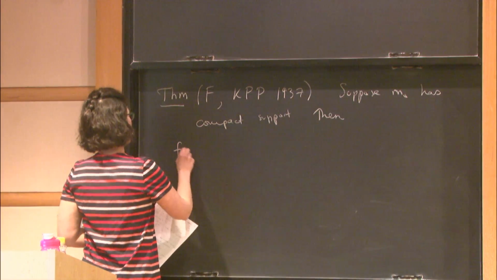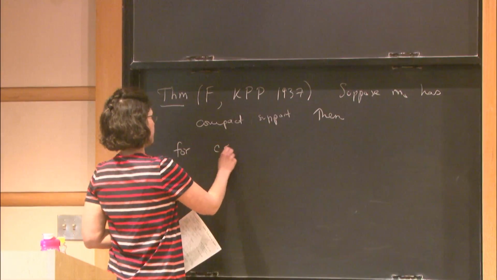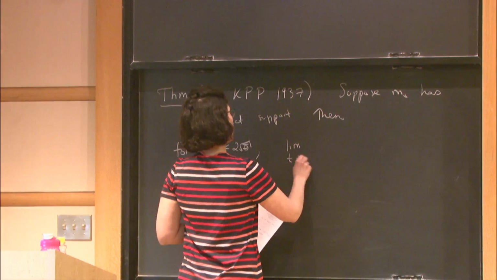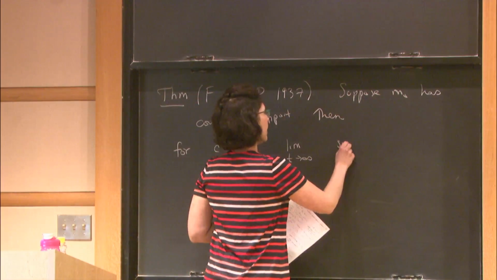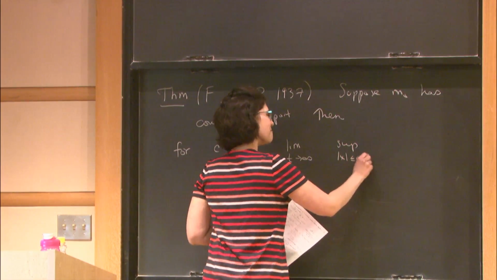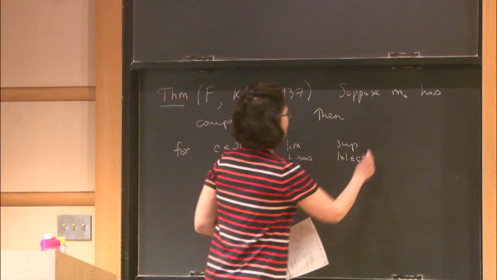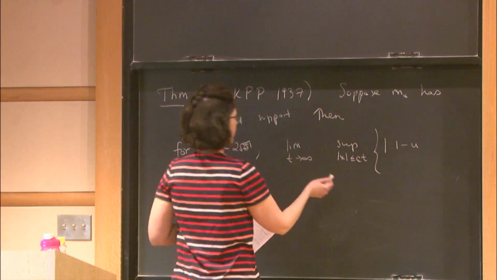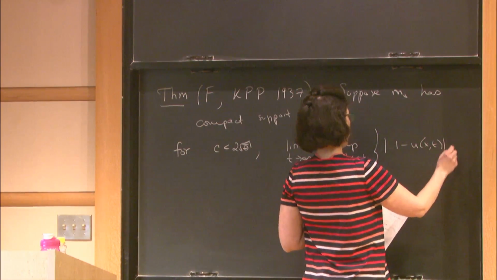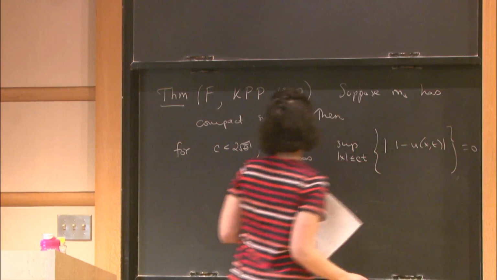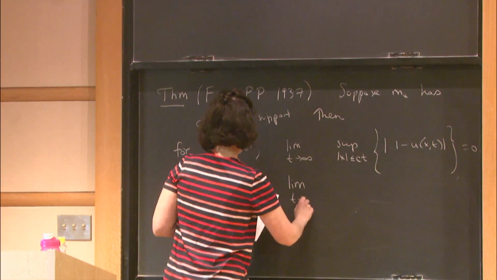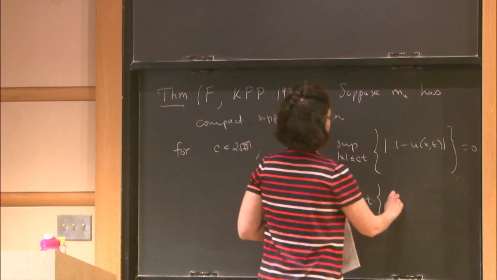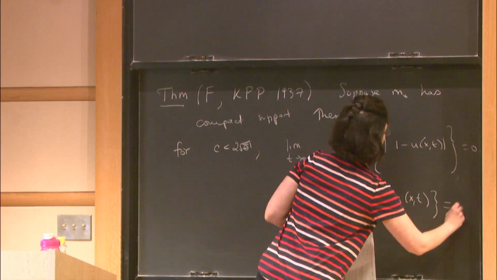So one way to say this is, for any number less than this, if I look at the region behind the front, and the second one represents where the individuals haven't reached.